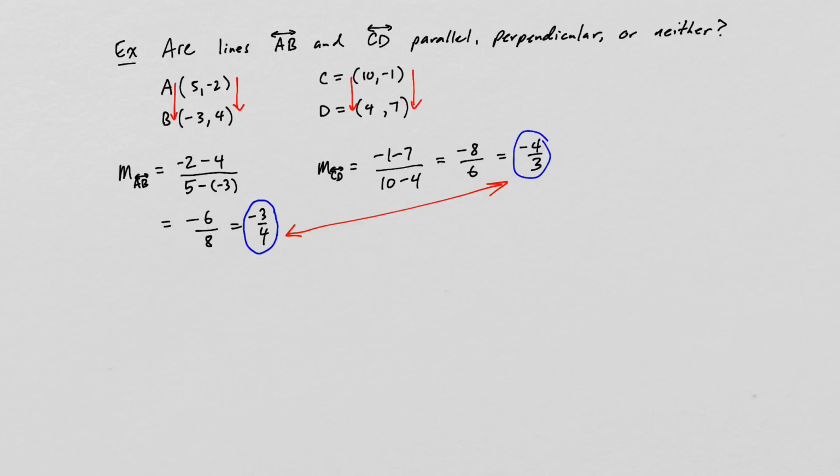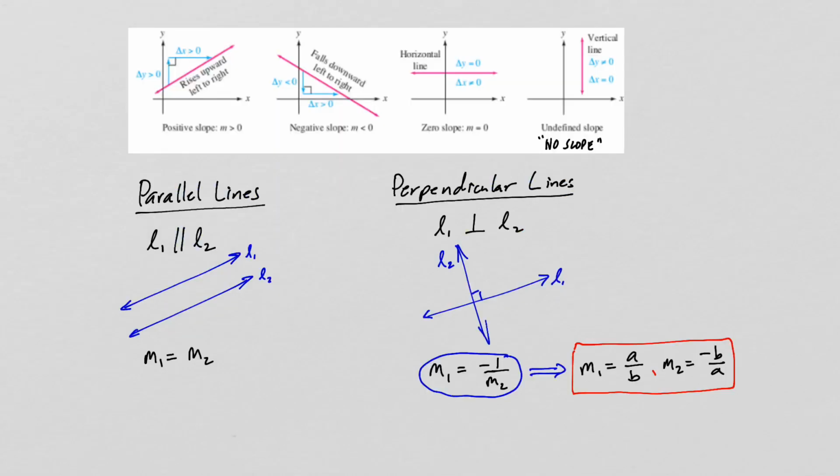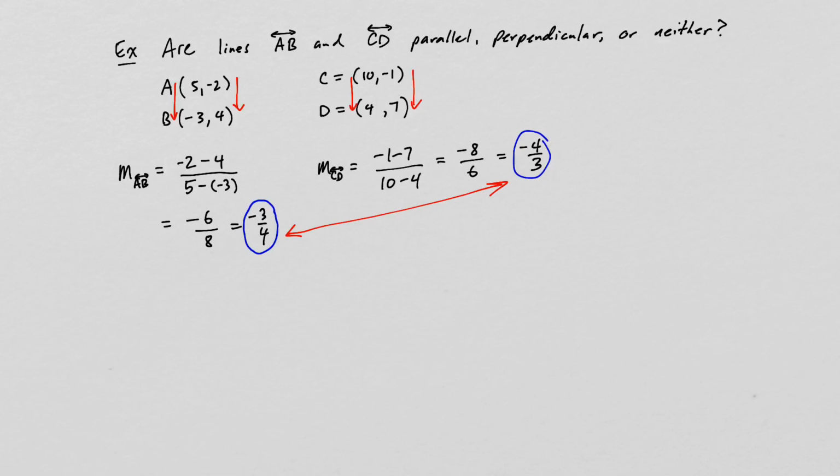However, if we go back to the last page, perpendicular lines will not only be reciprocals, but they will also be opposites, which means that one has to be positive and one has to be negative. In this case here, both lines have a negative slope, so they cannot be perpendicular.